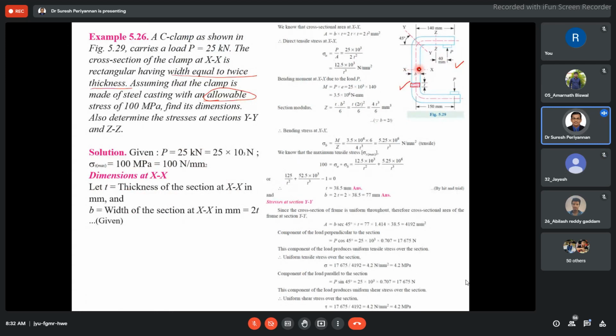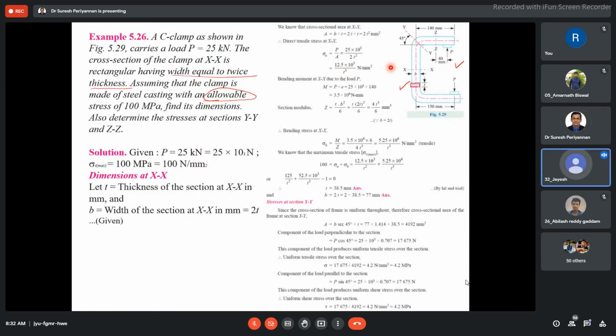Direct tensile stress is nothing but P by A. P is 25 kilonewton. A is given in terms of T: width is 2T and thickness is T, so the area of the cross section is 2T squared. Then this is the direct stress in terms of T squared.